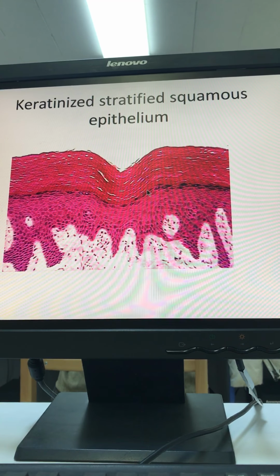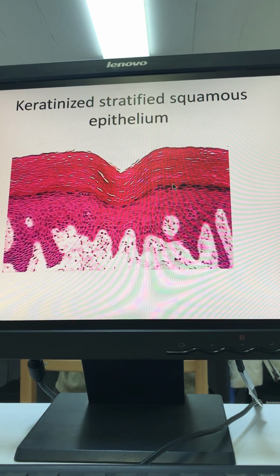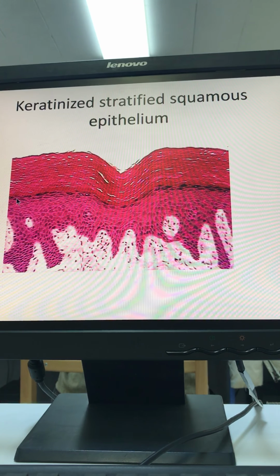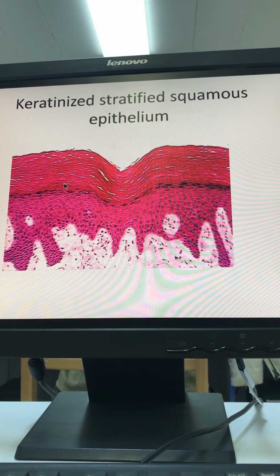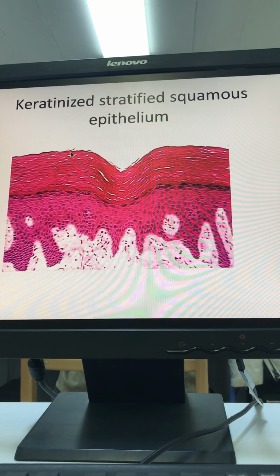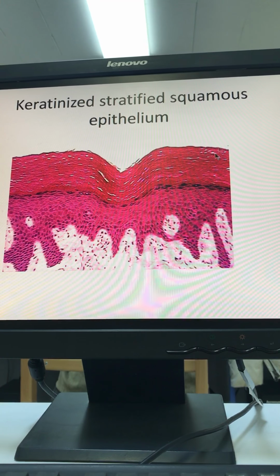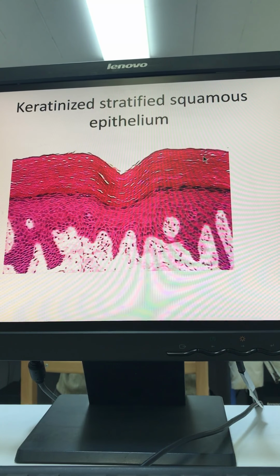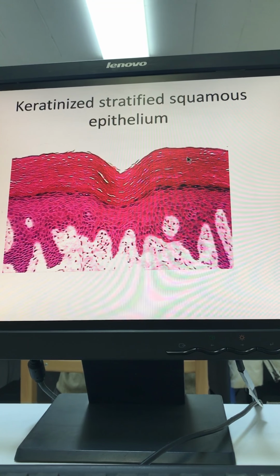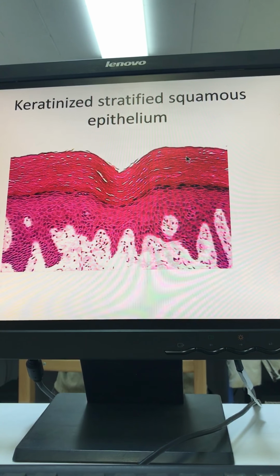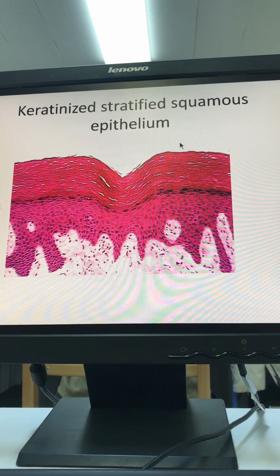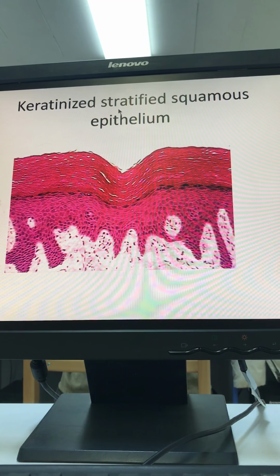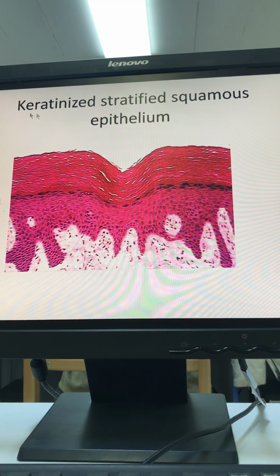Now at the top surface above the flattened or the squamous cells here, can you see any nuclei here? We have dead tissue, okay, dead tissue. Actually, these are dead epithelial cells with embedded keratin and other proteins within. That is why we say this is a keratinized stratified squamous epithelium, okay.